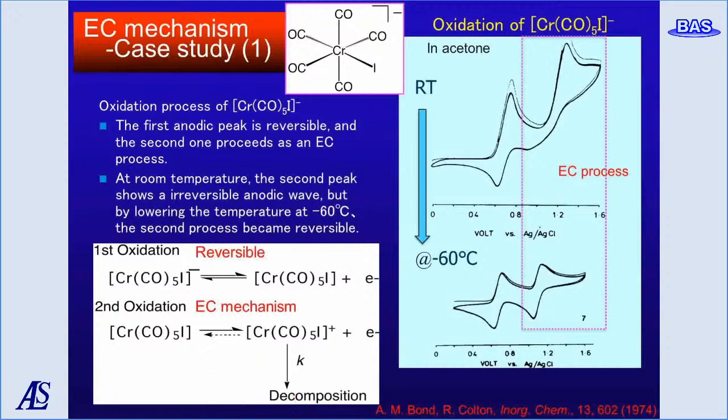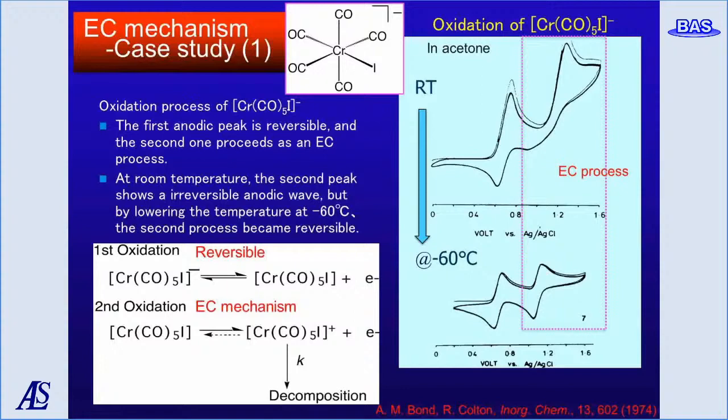When the measurement temperature was lowered to minus 60 degrees, the second peak became reversible. This result indicates the second oxidation process took place by a typical EC process.